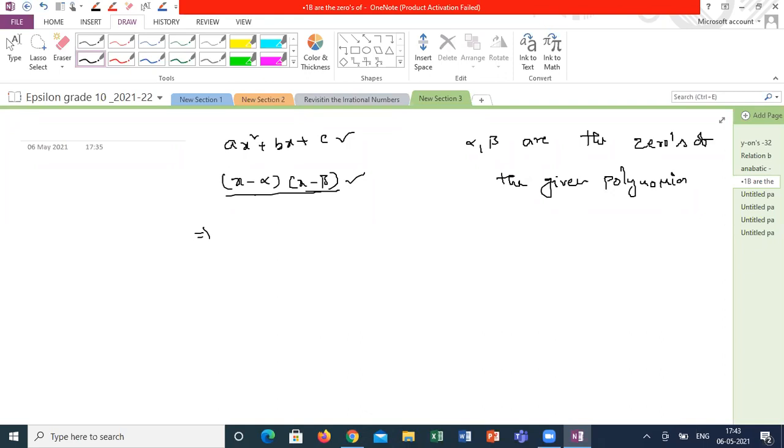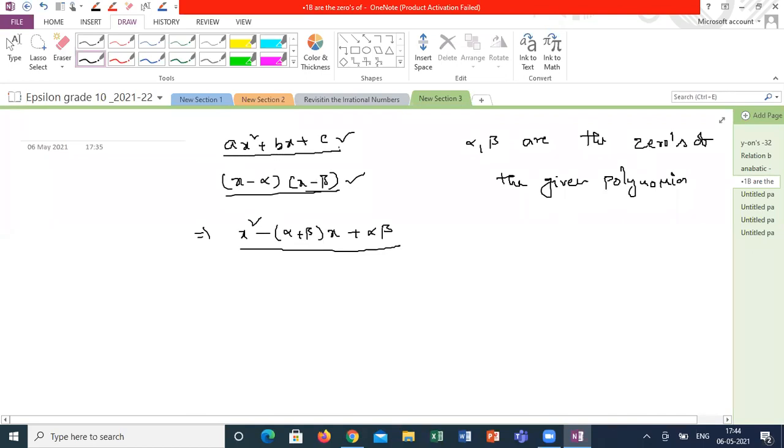What is the product of x minus alpha into x minus beta? I can say, sir, x square minus alpha plus beta into x plus alpha beta. Yes, sir, this is the expression I am getting, and I have to compare it with the other expression. If I substitute alpha, definitely this will come 0. If I substitute beta also, it will come 0. So how can I compare with this?